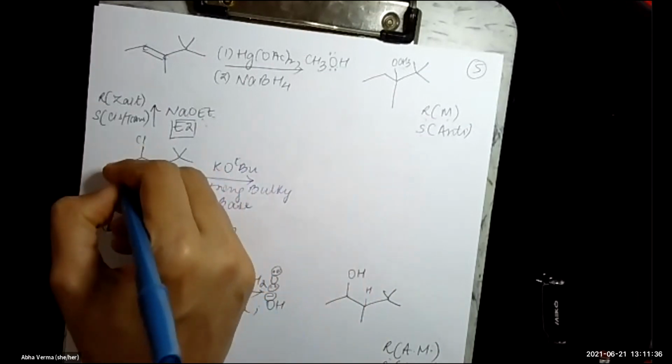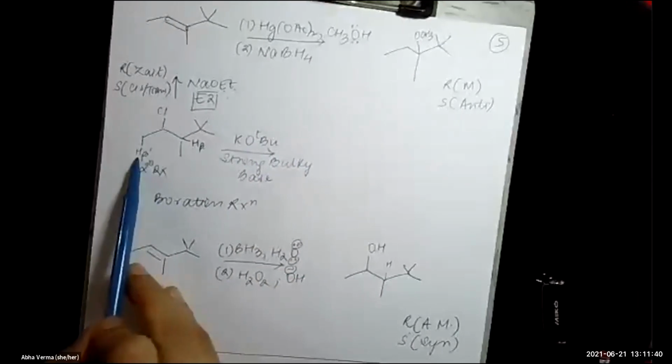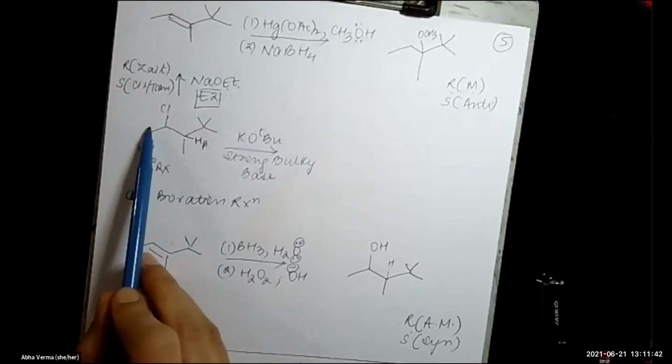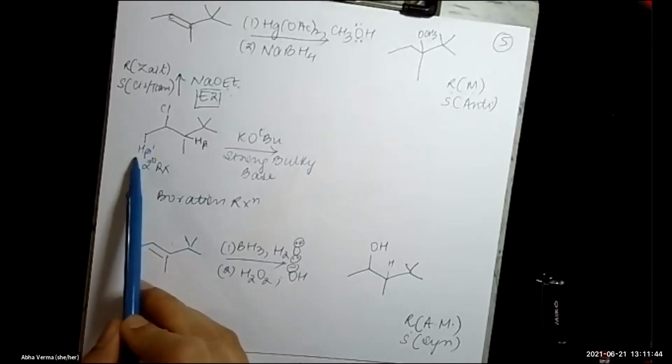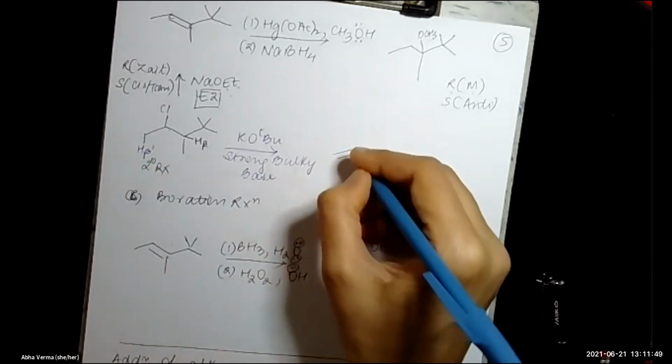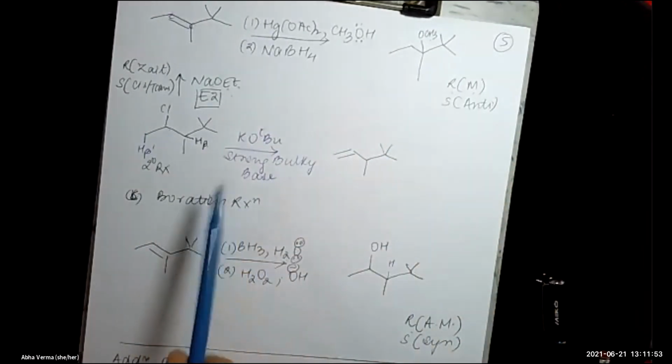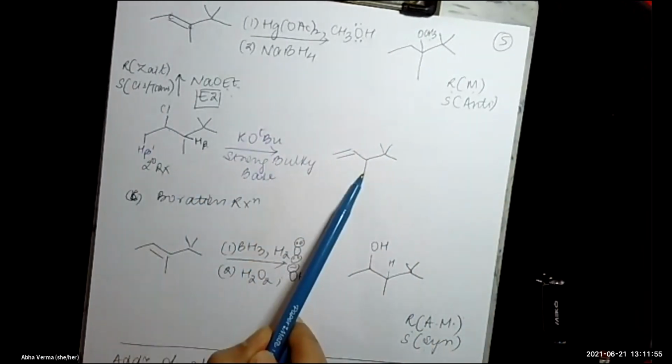But when you will have a bulky base, a less substituted carbon's beta hydrogen will be abstracted out. And this is the kind of alkene that I would get.